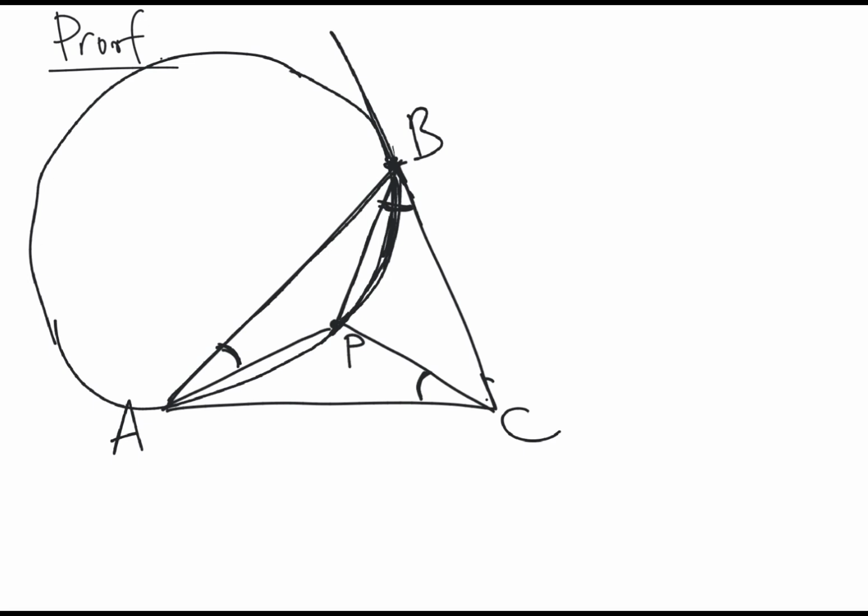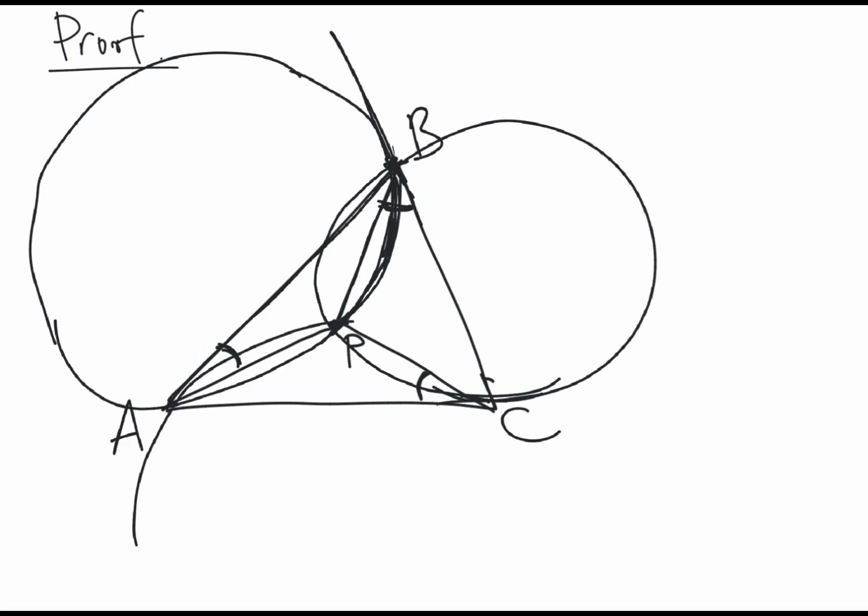And similarly, when we draw this circle, it is tangent to the line AC, and when we draw the third circle, it is tangent to the line AB.